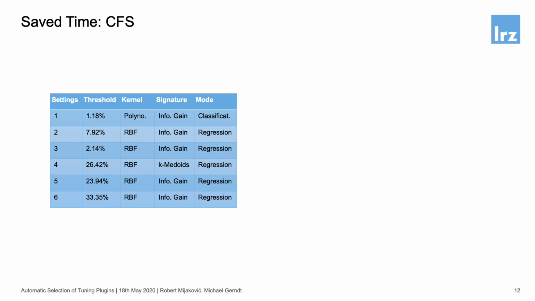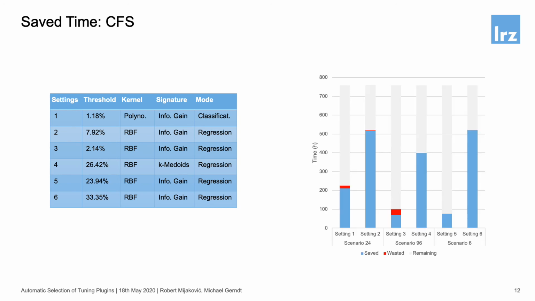The regression-based classification was also shown to have the best results, except in the first combination where the pure classification was better. But I would, in reality, suggest you to use the regression-based classification. On the right side, now we can see how much time was saved by using the proposed approach.